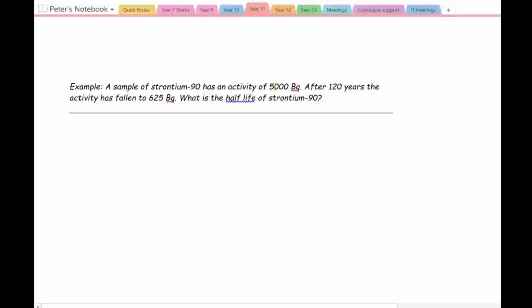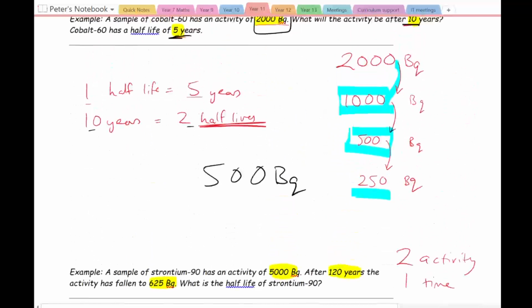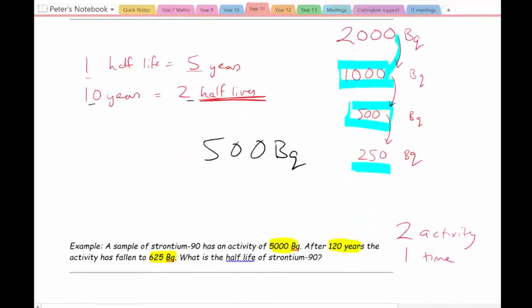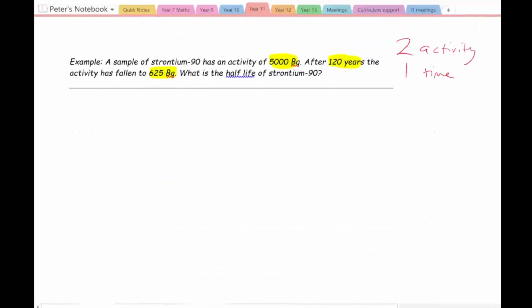So it's 500 becquerels, 120 years, and 625 becquerels. So you have 2 values for activity and 1 value for time, 1 date value. So it's the opposite way around to the previous question that had 1 activity and 2 dates. Here you've got 2 activity and 1 time.